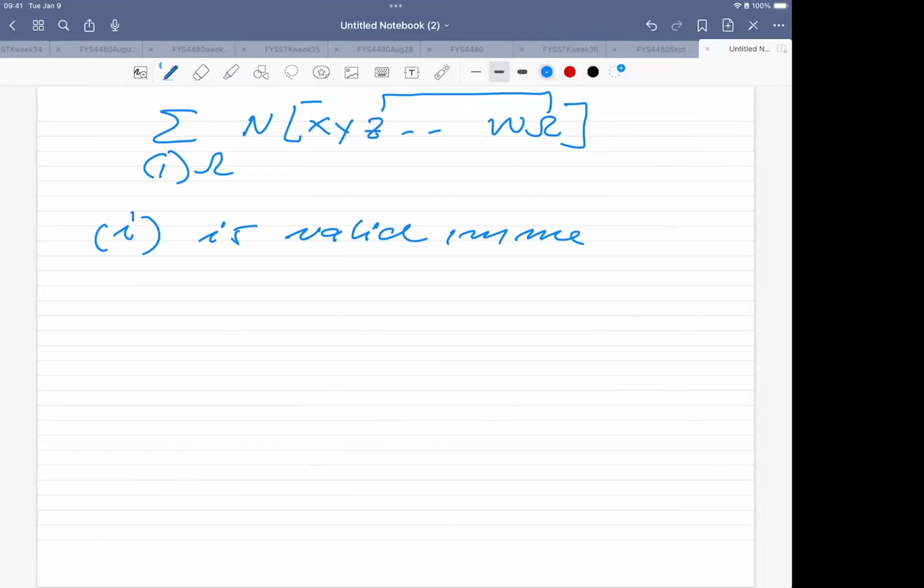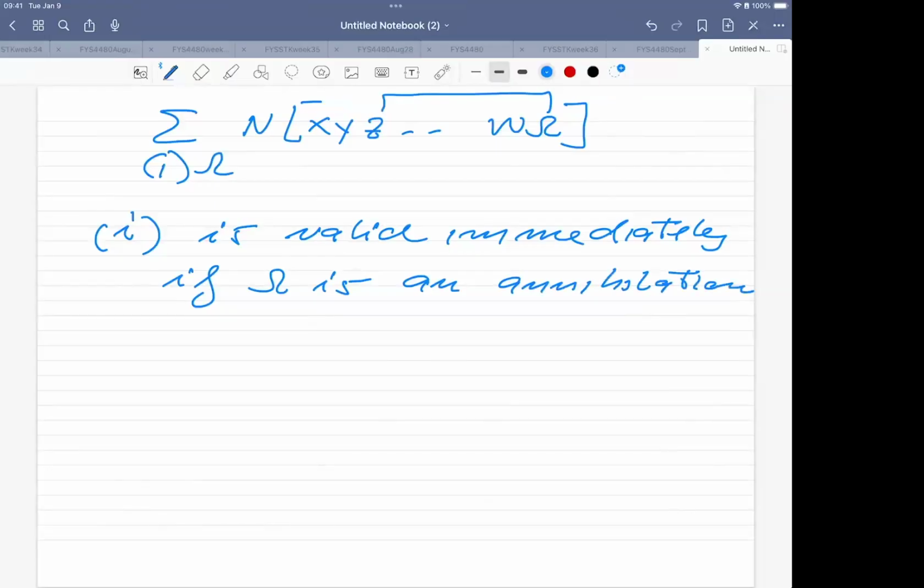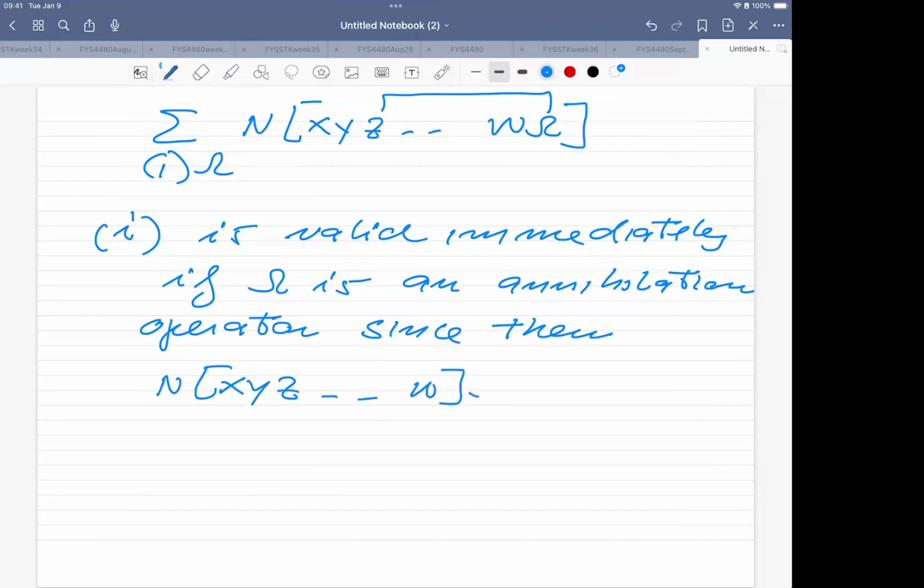Then it's already normal ordered, since what we have is that the product X, Y, Z, all the way to omega, is already normal ordered.